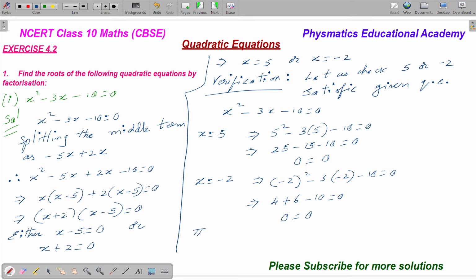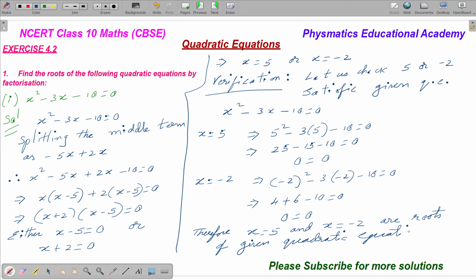Therefore x is equal to 5 and x is equal to minus 2 are roots of the given quadratic equation.